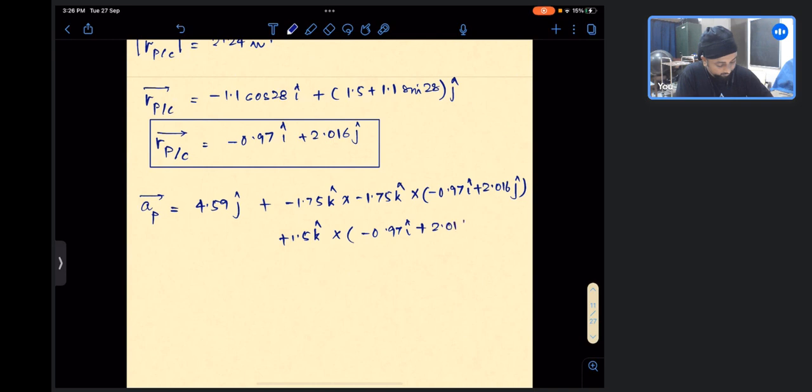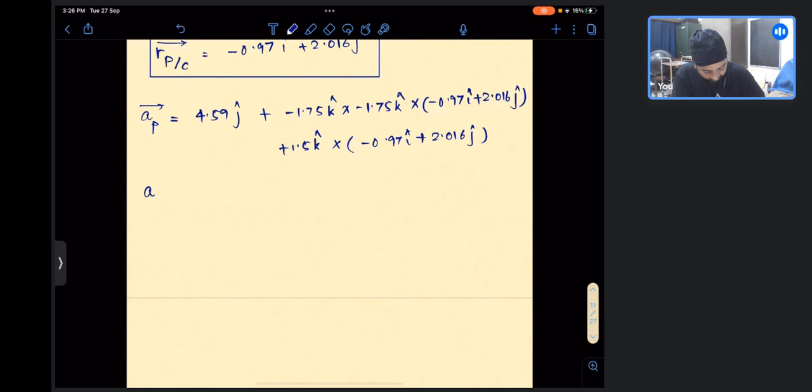So this we can simply resolve. I suppose this is where there was some arithmetic problem in the addition and the answers didn't come out quite correctly, so let us do that carefully now. So it was minus 1.75 squared into minus 0.97, the i component from here, and then we will have minus 1.5 into 2.016. This is my i component.